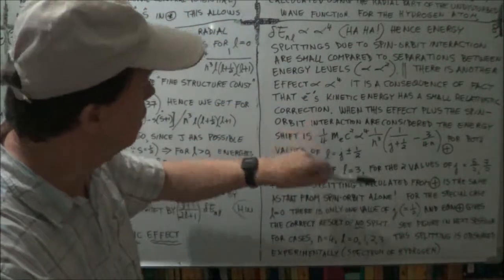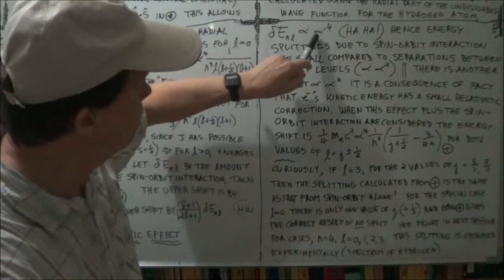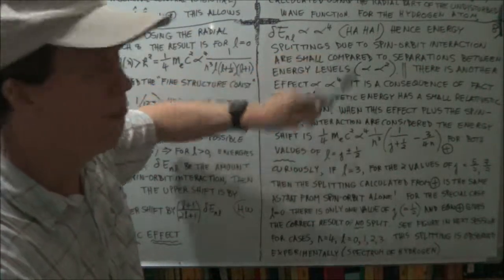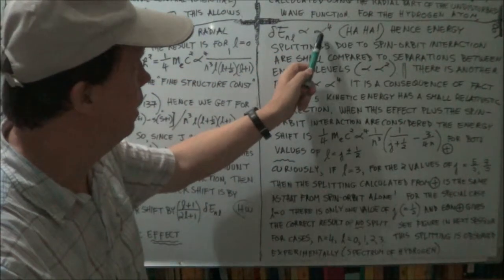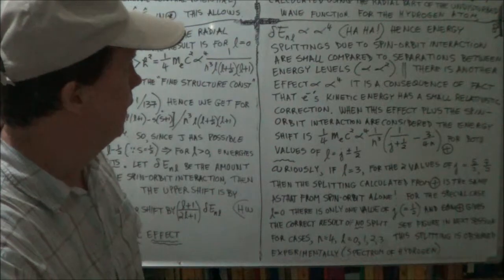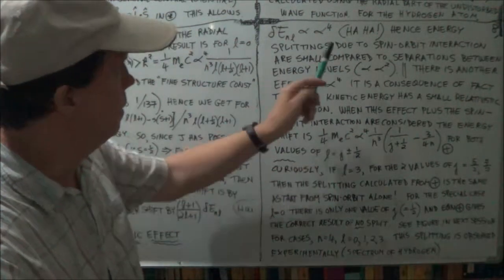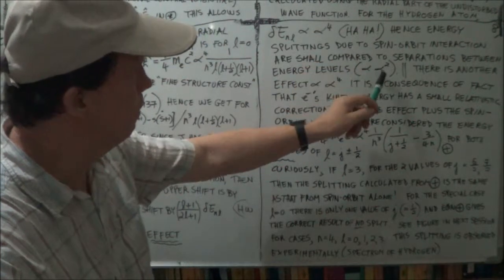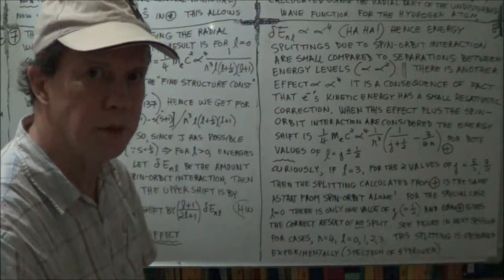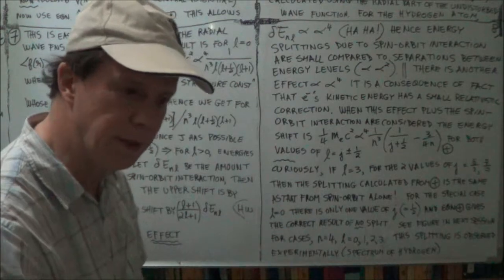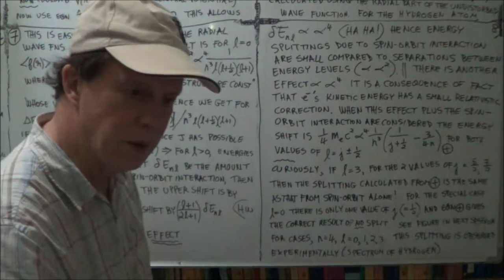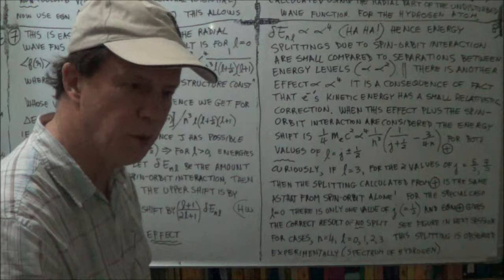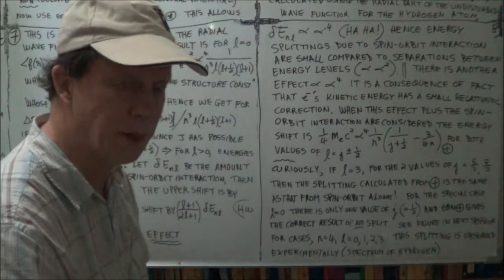Whereas these two corrections I've been talking about are proportional to alpha to the fourth power. So they differ by a factor of alpha squared. Alpha is 1 over 137 roughly. So we're talking a change of one part in about 10,000.